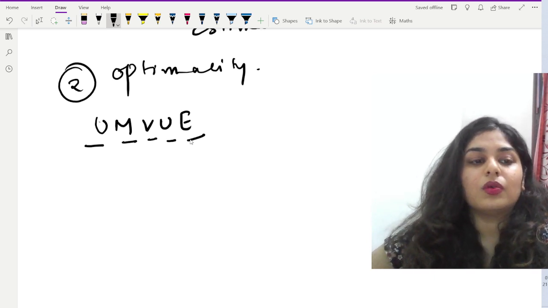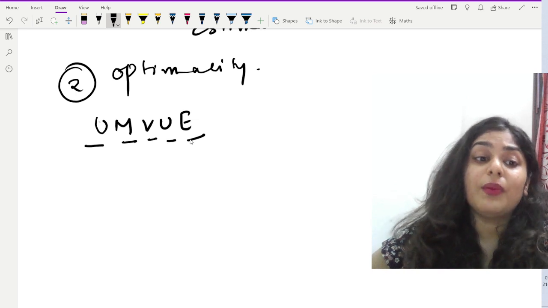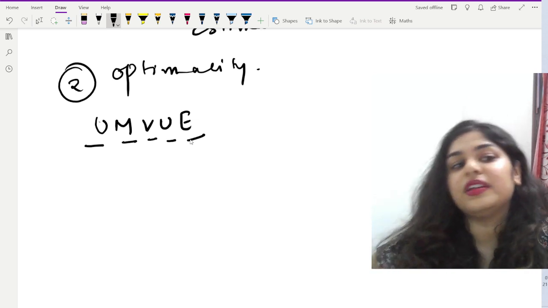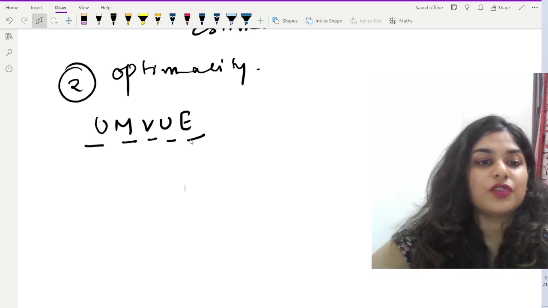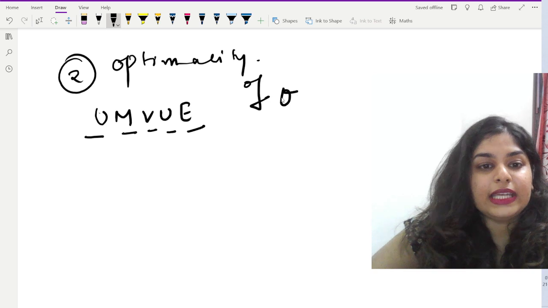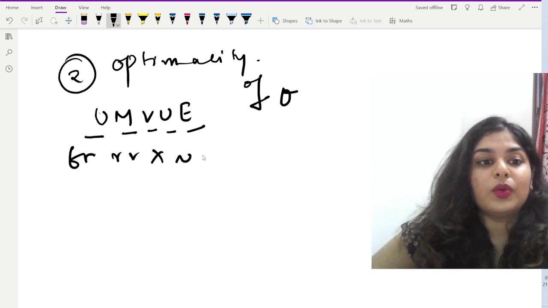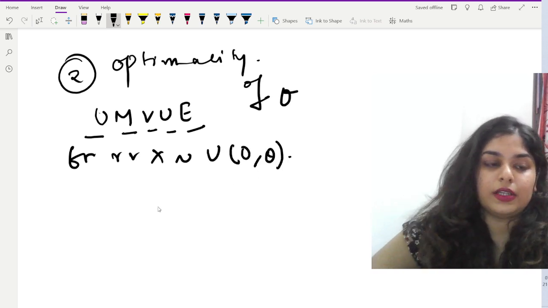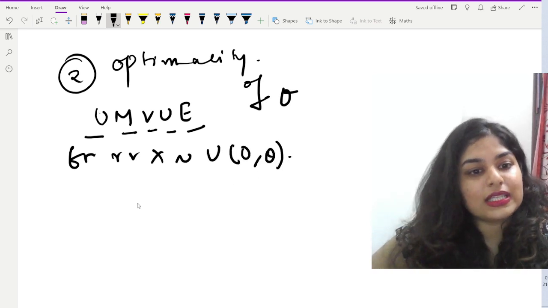Okay, now let us find the uniformly minimum variance unbiased estimator of theta for a random variable X. So in the question, what we have to find out is this particular thing of theta for a random variable X, which follows a uniform distribution within the interval 0 and theta. So we have to find out theta in this case, correct?